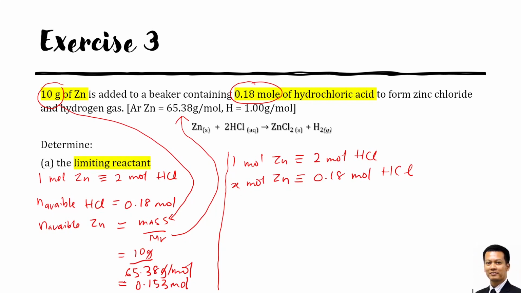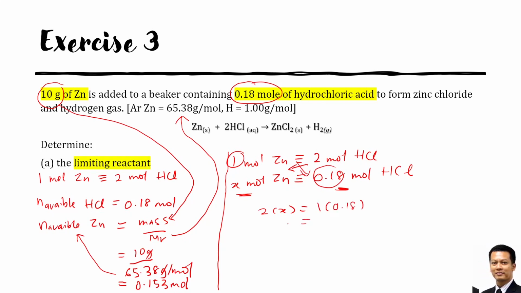So this is an available. Do not write down both of this side as available. One must be an available, one is X, the one that you are looking for. So cross product as always, 2 times X equal to 1 times 0.18. So X is equal to 1 times 0.18 divided by 2.